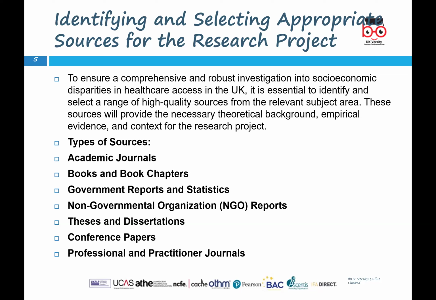Statistics is used a lot, and you use a lot of government statistics that are available online. You use non-government or organization reports. You use people's theses or dissertations, where their projects are published. You use conference papers, or professional and practitioner journals. There are different guidelines on how to use them.